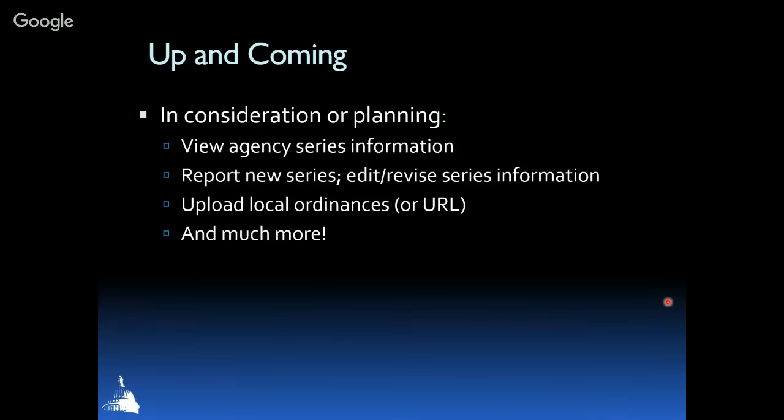These are some of the things that we are going to do. We're going to have a place for records officers to view agency information and series information, so you can see what series you have with us. There will be a way to report new series to us or edit or revise existing series information. You can upload local ordinances, and we will also have a way to upload documents via the portal.